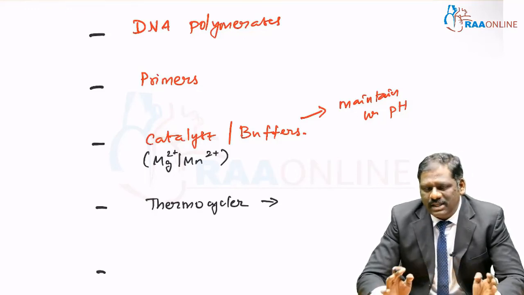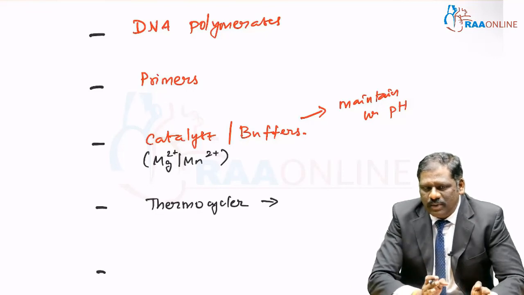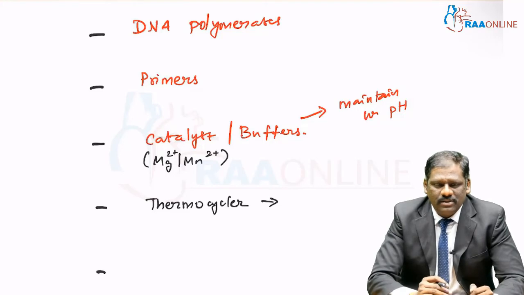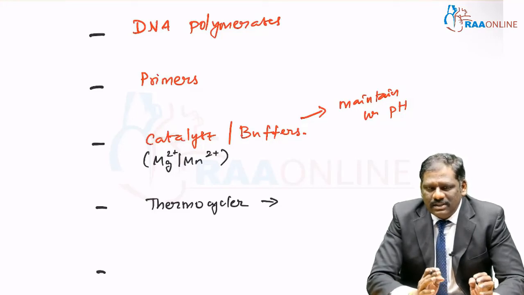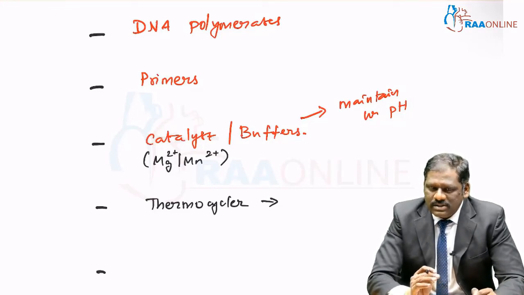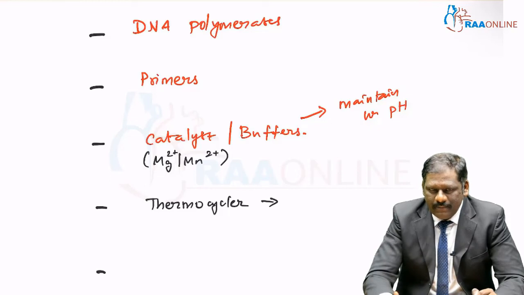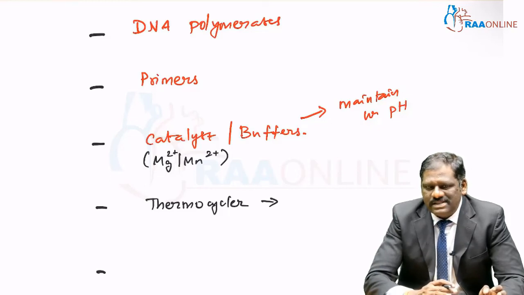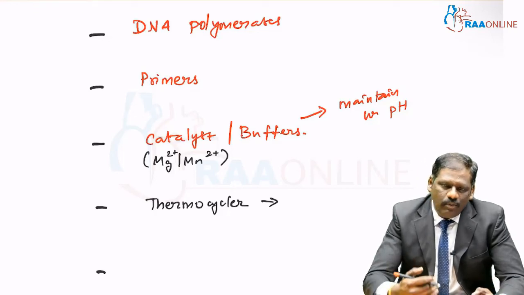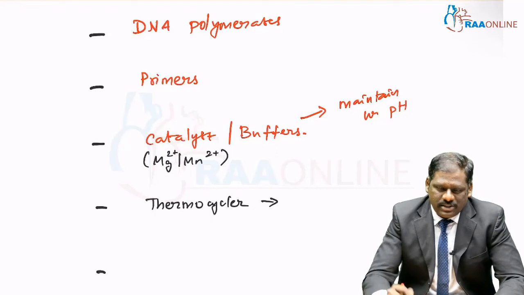And all these things will be loaded in an instrument where this polymerase chain reaction will take place. This instrument is called a thermocycler because it alternates between different temperatures for various cycles of this replication to occur. So, these are the main requirements for your polymerase chain reaction.